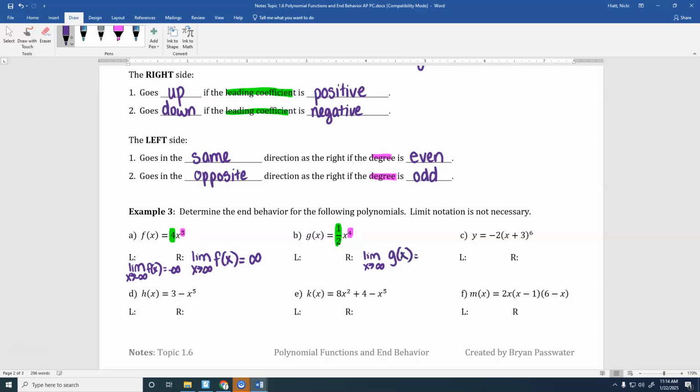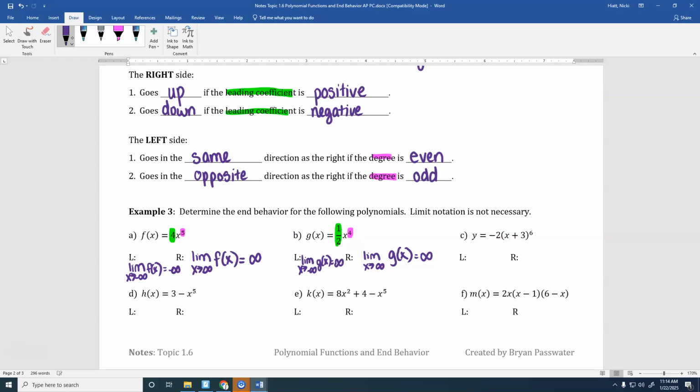And since that leading coefficient is positive, I'll get a positive answer there. The left is going to be the same, so make sure you do limit as x approaches negative infinity of g of x equals, and that one will be positive infinity as well.